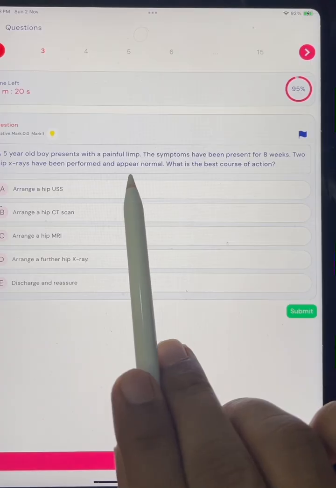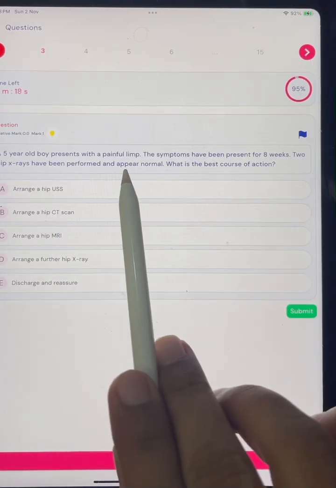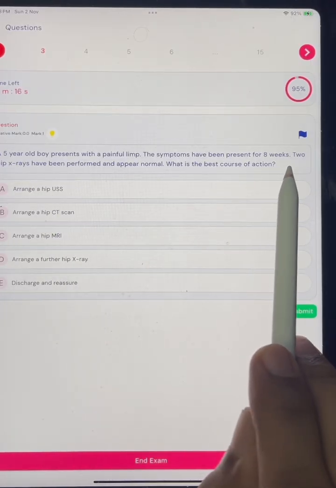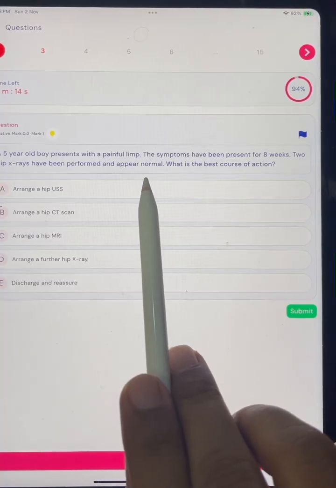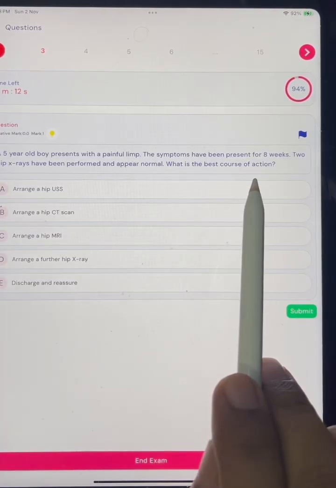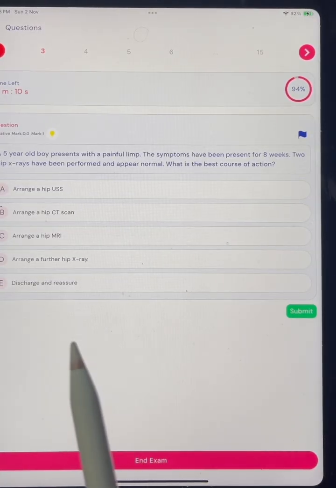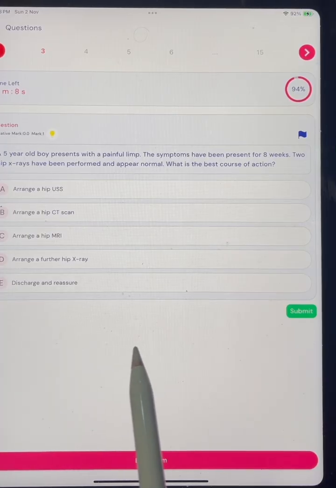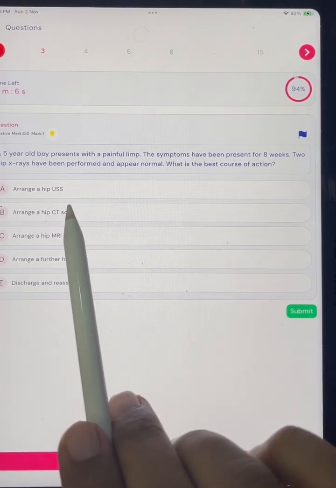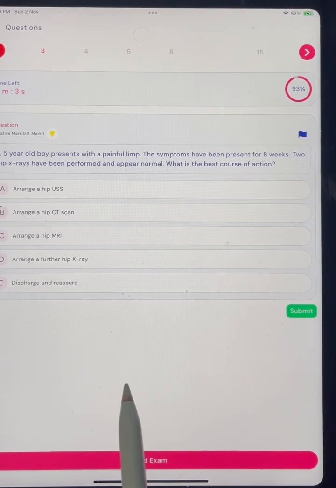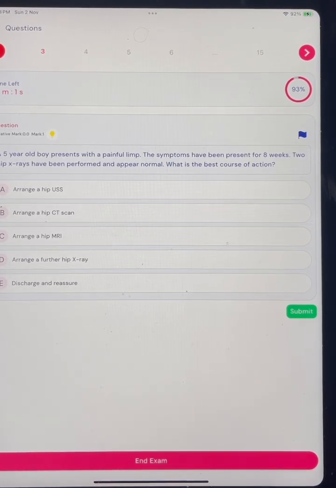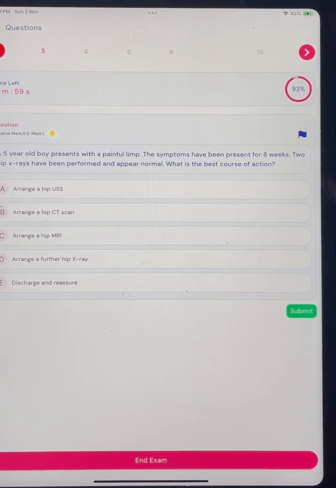A 5-year-old boy presents with a painful limp. Age is 5 years, painful limp present since 8 weeks. Hip x-rays performed appear normal. What is the best course of action? MRI, CT scan, x-ray, discharge and reassure. Symptoms have been present, painful limp is there.